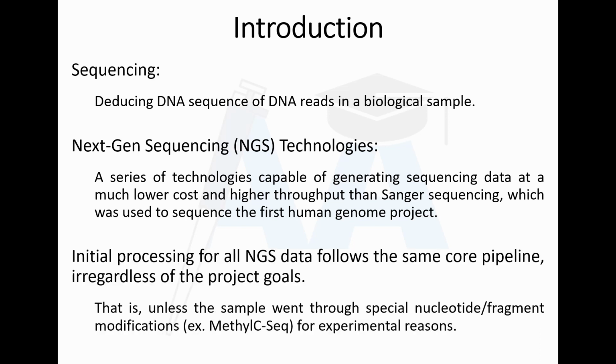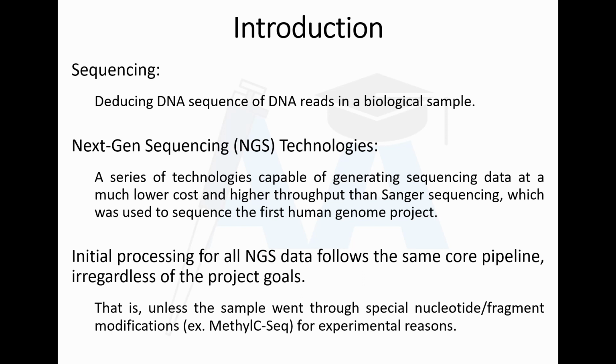The main point I want to make is that, generally speaking, all NGS data undergoes the same initial processing procedure. This is what I refer to when I talk about the core pipeline, and this is what I'll be going over in this video series. There are cases where this core pipeline doesn't quite work, such as when the DNA has been modified in some way, but even then, the procedure for processing that kind of data is usually just a modified variant of the core pipeline.